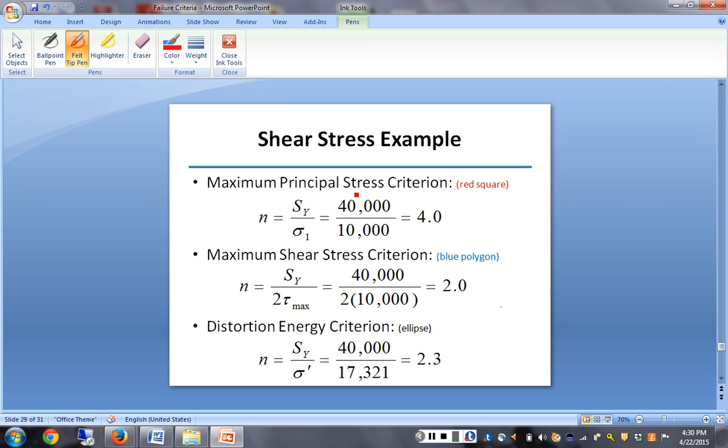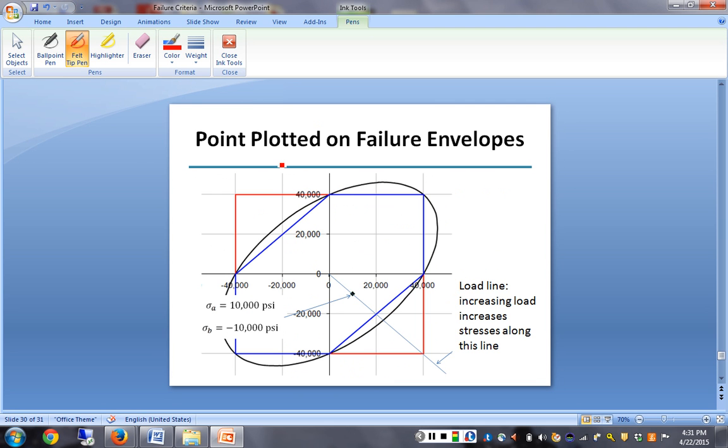I get 4.0 for the maximum principal stress, 2 for the Tresca, and I get 2.3 for von Mises. Again, this guy's the Goldilocks, just right in the middle, and what does that look like on the plot?